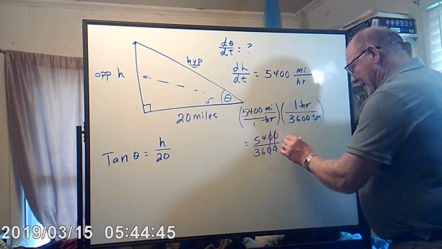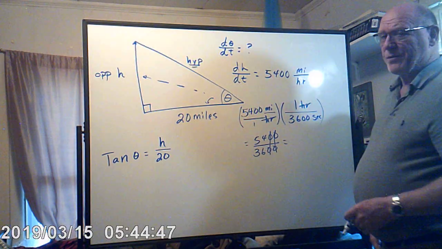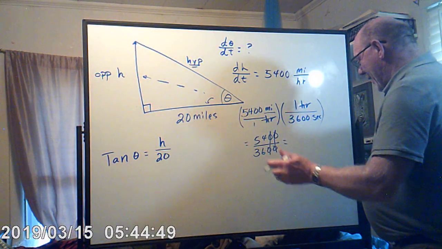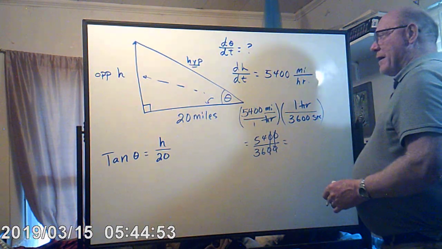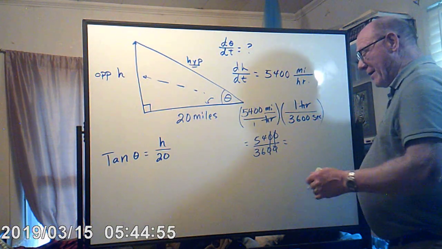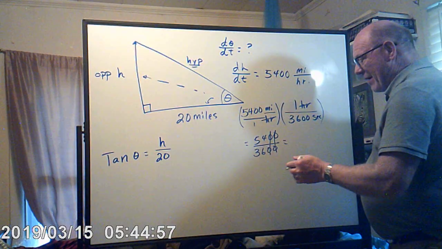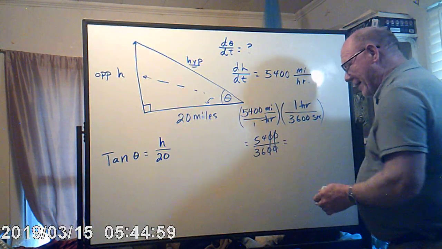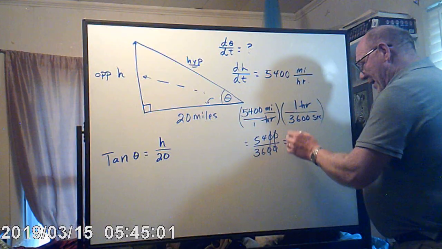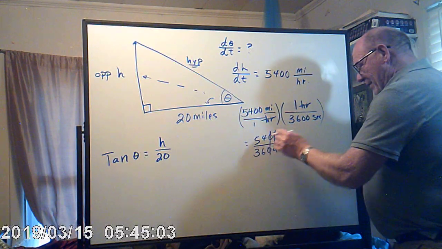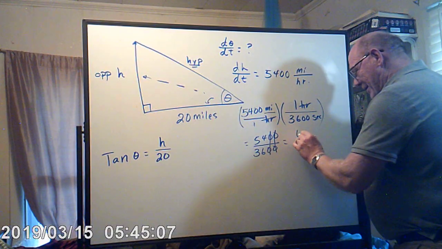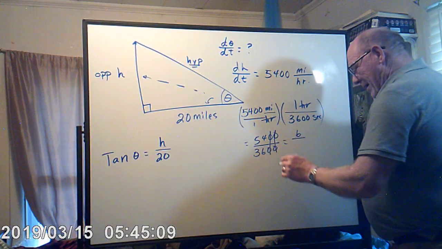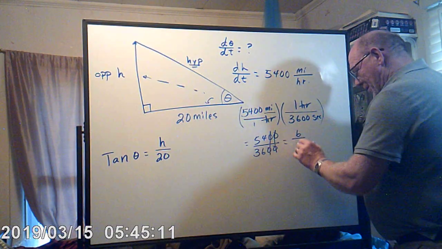54 over 36. We could divide both sides by 18. I know 9 will go, but since I'm just thinking, I'm thinking 9, but it will be 18 if you wanted. If you didn't see 18, you could do 9. 9 into 54 is 6, and 9 into 36 is 4.